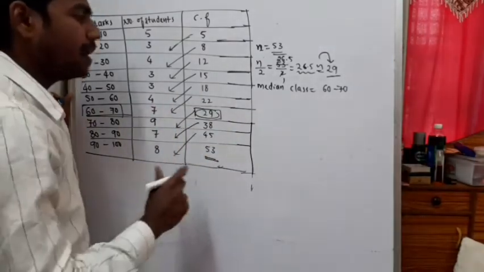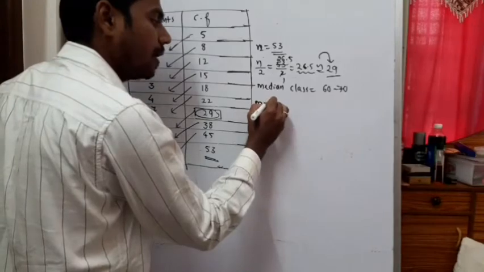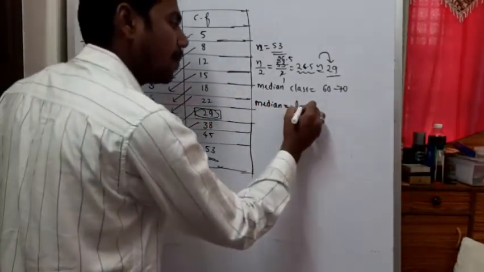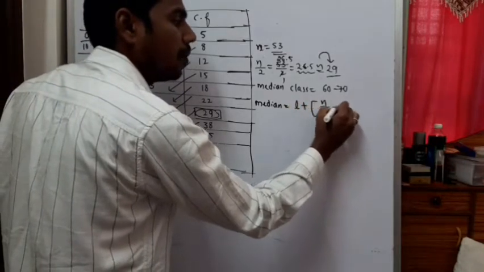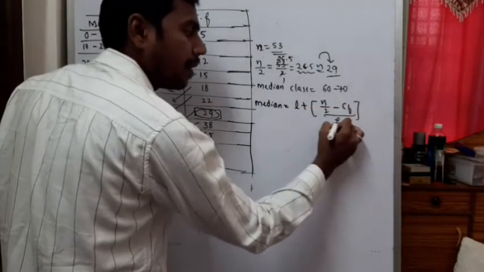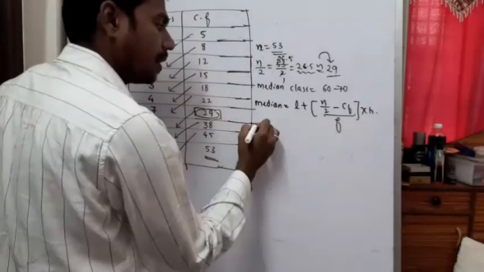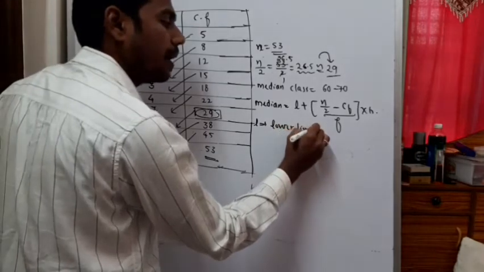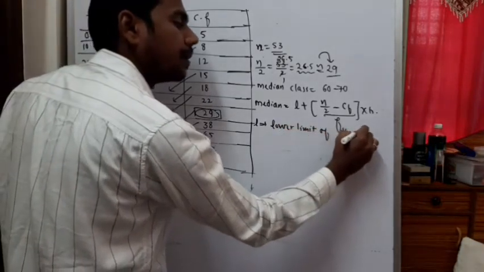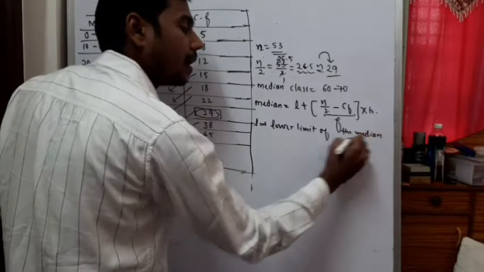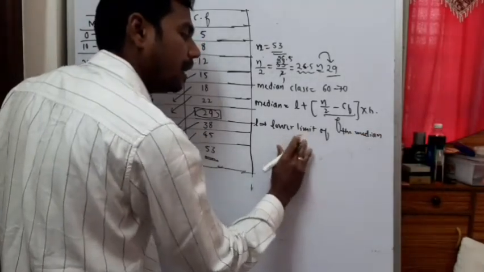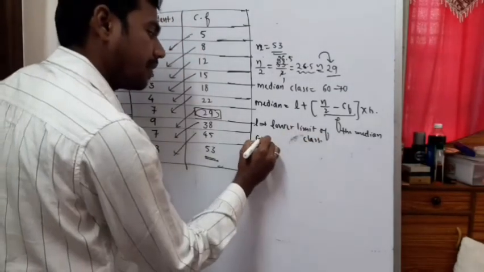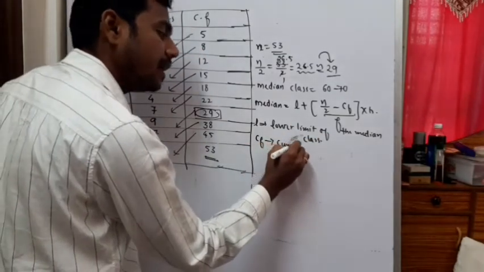Now there is a formula to find the median in the case of grouped data. That is L plus n by 2 minus CF, divided by F, into H, where L is the lower limit of the median class.